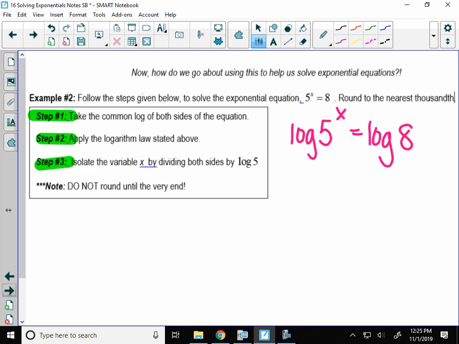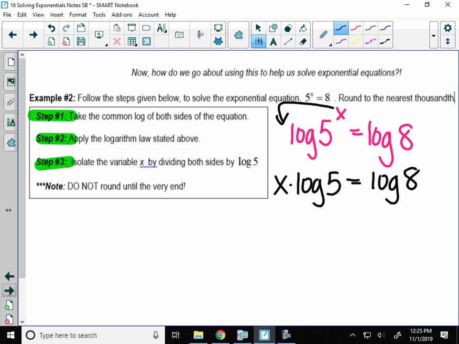So once I threw that log at the problem, what happens to the x? It goes in front. It comes down. So what you have now is x times log of 5 is log of 8. Now, how do you think you isolate the x? Divide by log of 5.